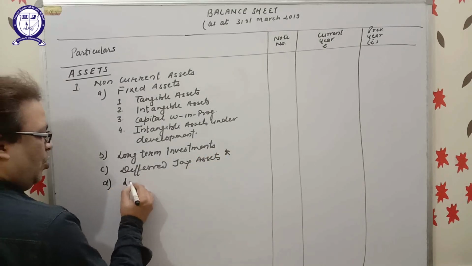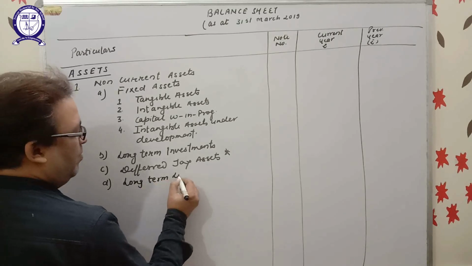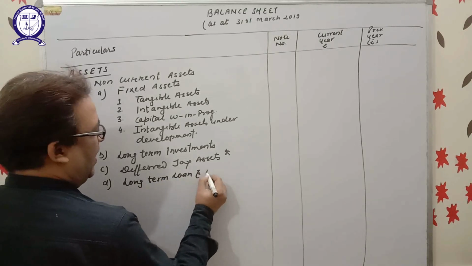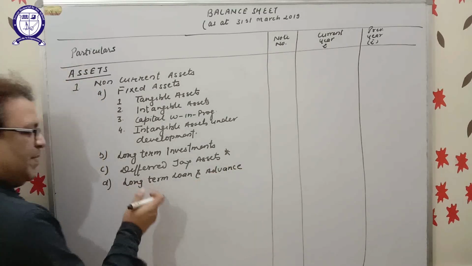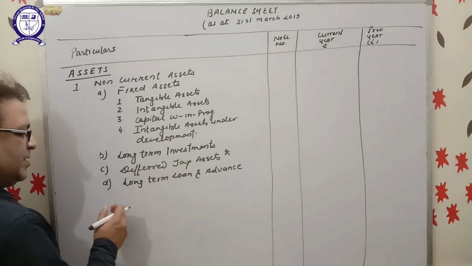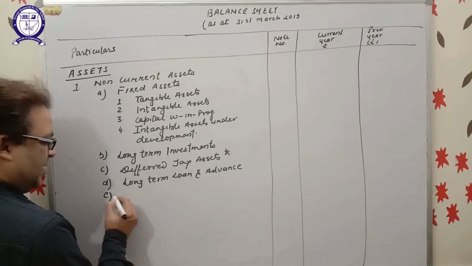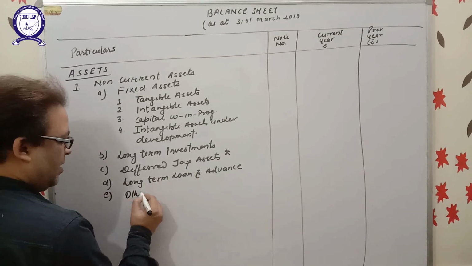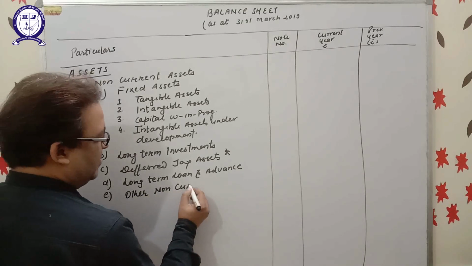Next, long-term loans and advances. Suppose our company has given a loan to its subsidiary company or to its directors, this will come under this subheading. Next, other non-current assets.